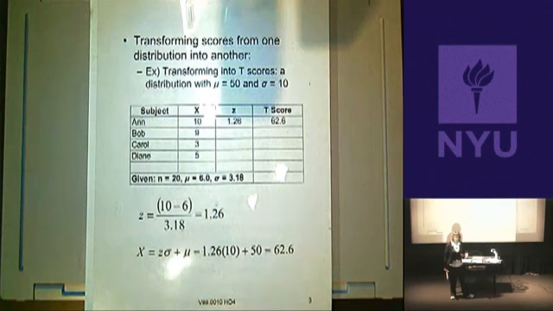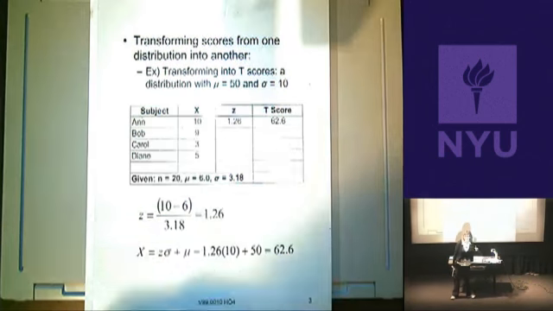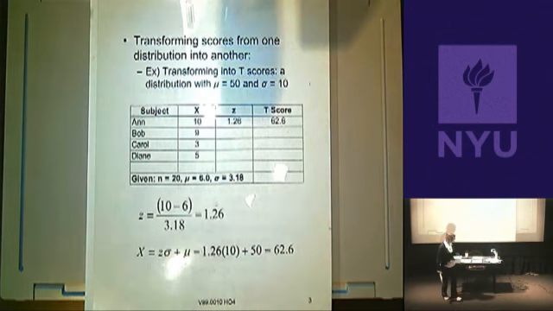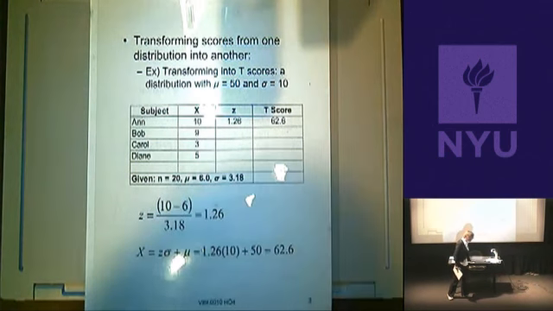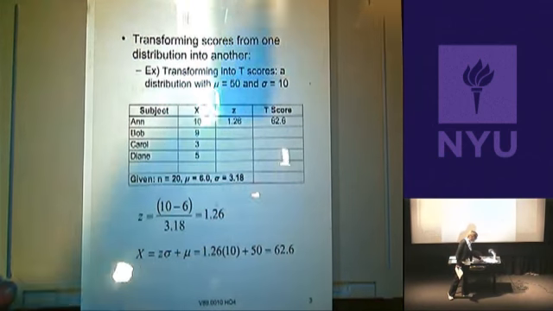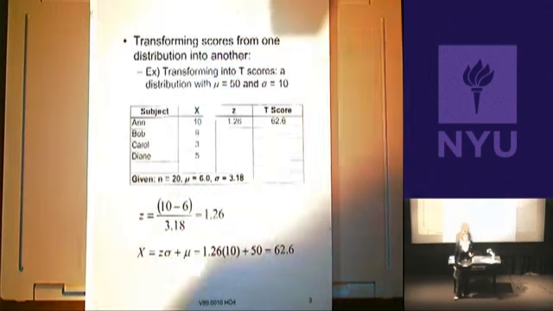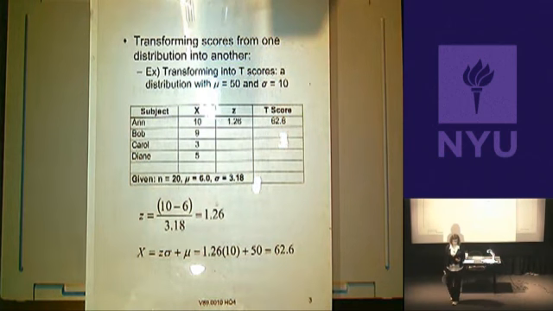But I would like to express them in what are called T-scores, with a capital T. A distribution of T-scores typically has a mean of 50 and a standard deviation of 10. That's its definition. Again, sometimes we do this because they're standard ways for people to compare scores.